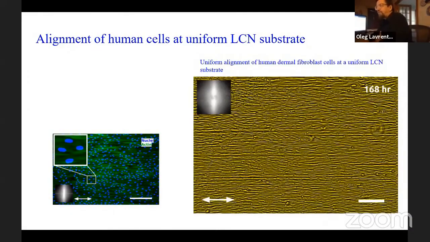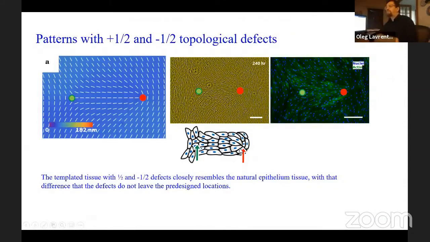So recall that our prime goal was to reproduce the living skin in which there are topological defects in some locations, and since we can pattern our substrate, we can design the artificial living skin in which the topological defects are located where we want them to be located. So this is very similar to the pattern that I showed before, but unlike in the previous case, now we can control the location of the topological defects.